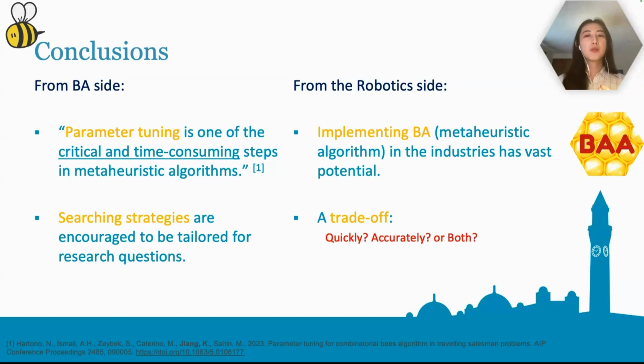So when we want to implement an algorithm in a real-world industrial problem, shall we or can we back off something, and what content shall we give up or give away? So that's one of the questions I'm interested in when using the BEAS algorithm, and I hope it may be of interest to you too.